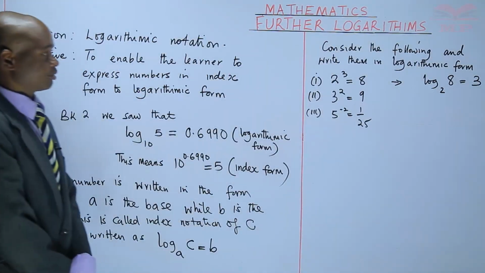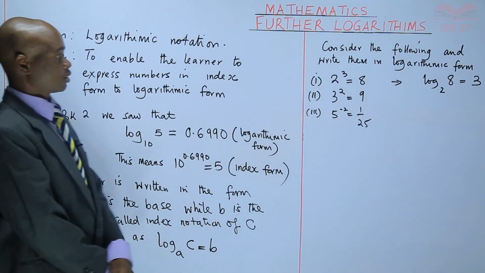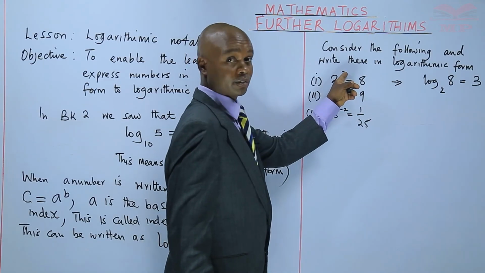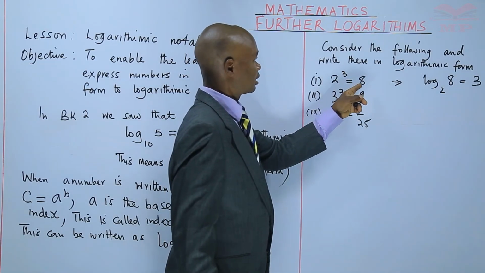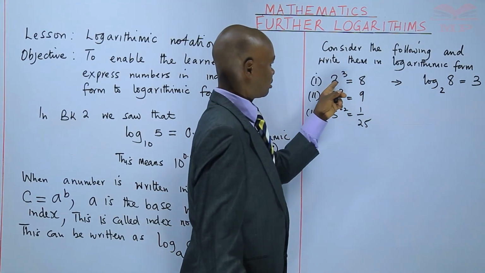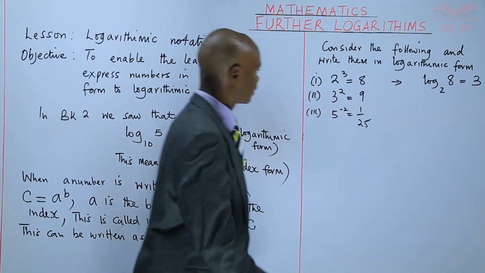That will be the logarithmic form. Log of 8 to the base 2 is equal to 3.